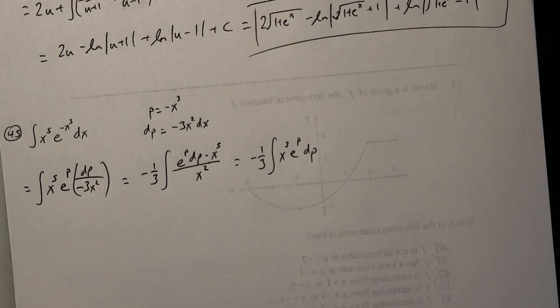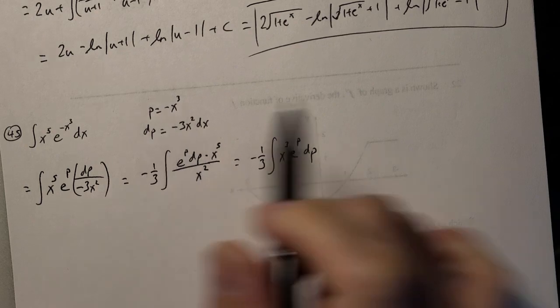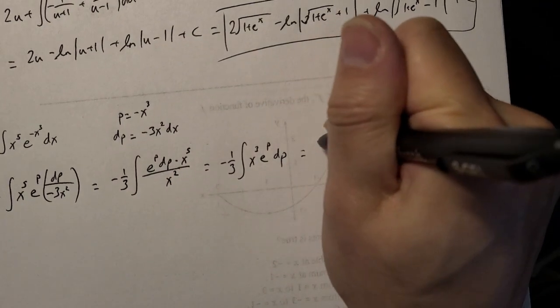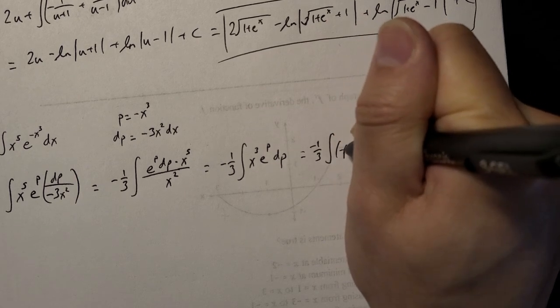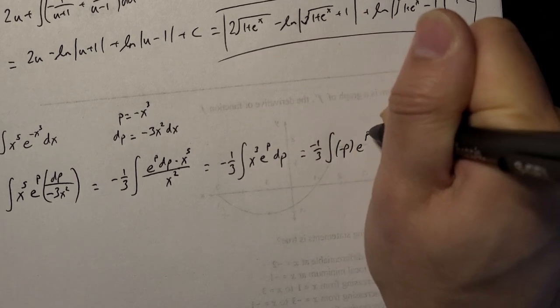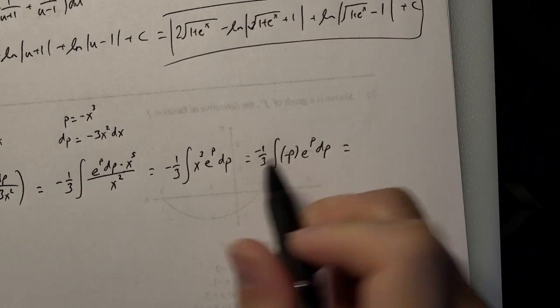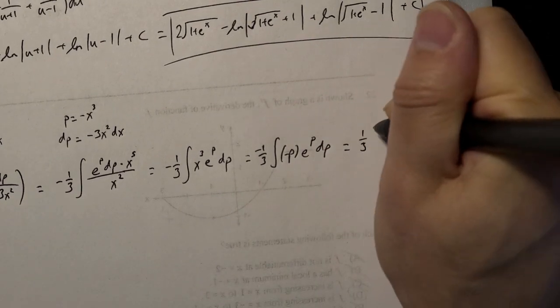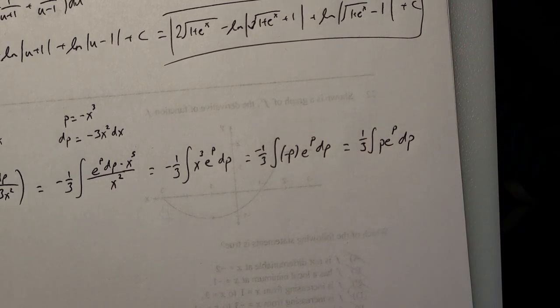Okay? So notice x cubed is minus p. So we can write it as minus 1/3 integral of minus p e to the p dp. And then let's move this minus sign out. So 1/3 integral p e to the p dp.